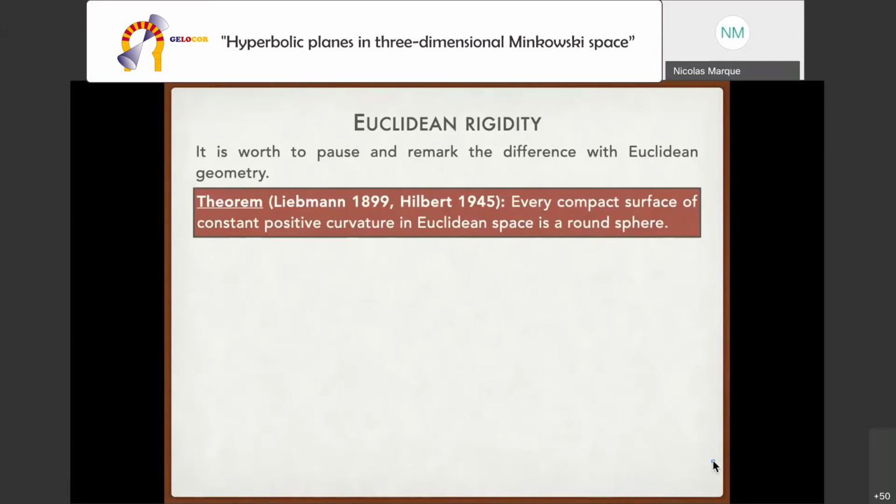There is a famous theorem of Liebmann, later reproved and refined by Hilbert, that says that whenever you have a compact surface in Euclidean 3-space that has constant positive curvature, then it is a round sphere. You can even replace compact by complete here. Anyway, there is a lot of rigidity in the Euclidean setting.